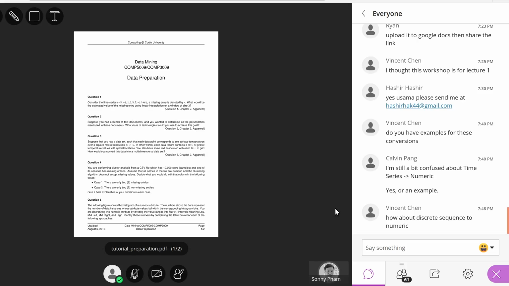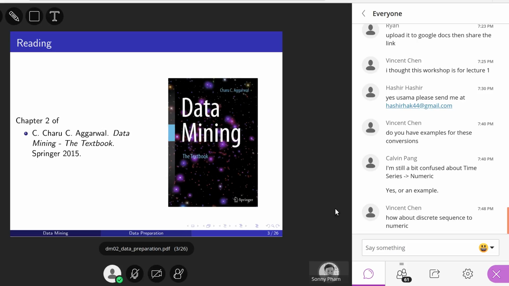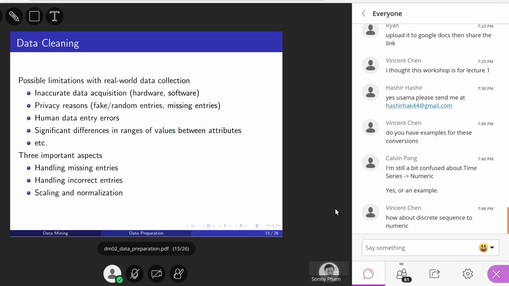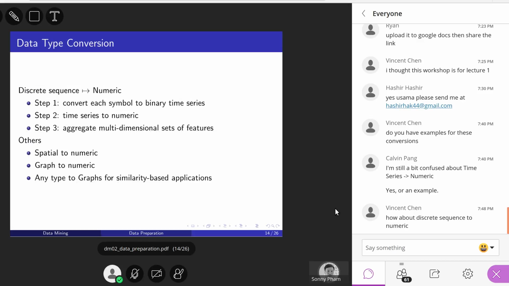So what we have here is that we have to convert X. The first thing is that, with discrete sequence, we are not going to be able to do something on that straight away, because it's hard to manipulate nominal attributes or nominal values. So we have to convert to numeric attributes.